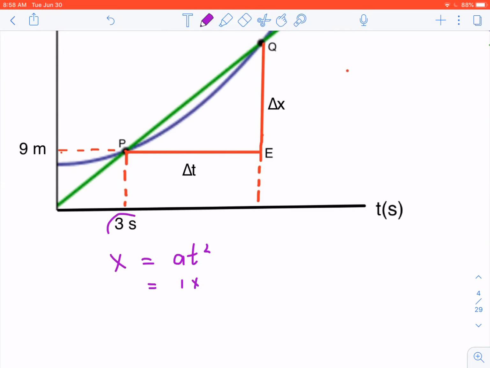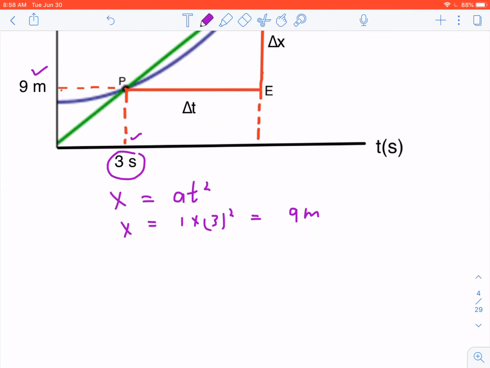Let's say we're at 3 seconds, so it's 3 all squared, which is equal to 9 meters. So x is equal to 9 meters. When the time is 3 seconds, x is equal to 9 meters.